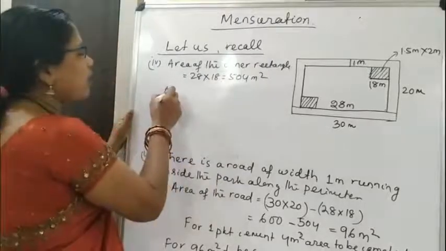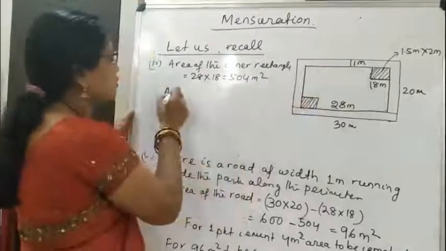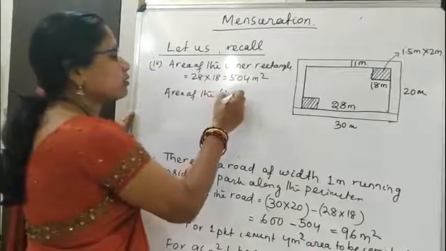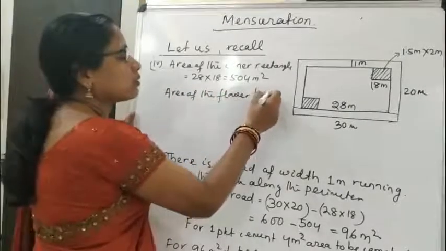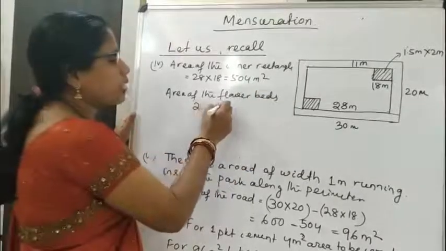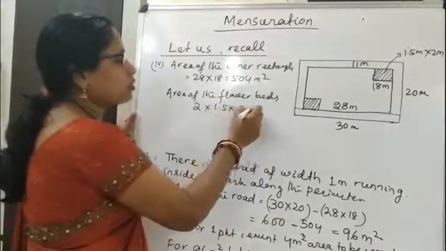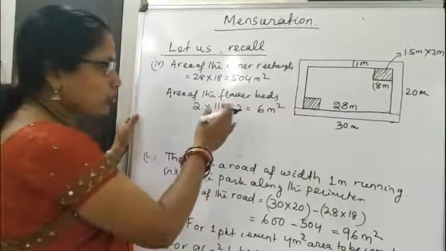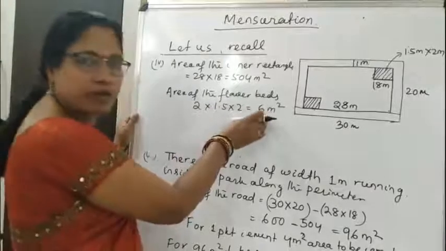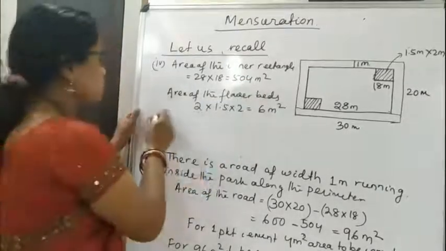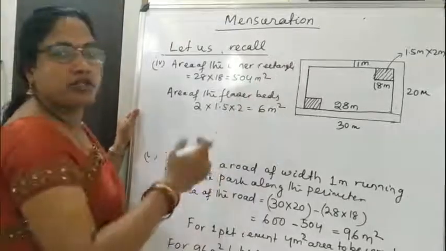And area of the flower beds. So 2 flower beds are there. So 2 multiplied with 1.5 multiplied with 2. So that is 6 meter square. So we have to subtract the area of the flower beds from the area of the internal part. So the rest part is to be grassed.